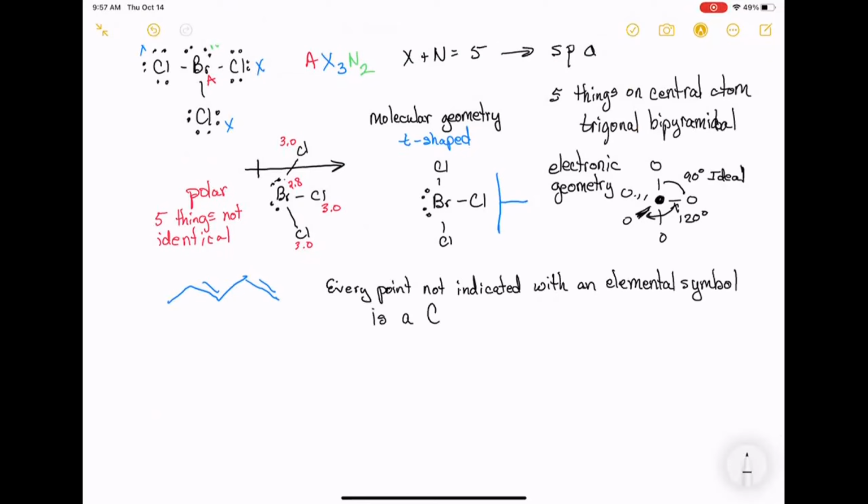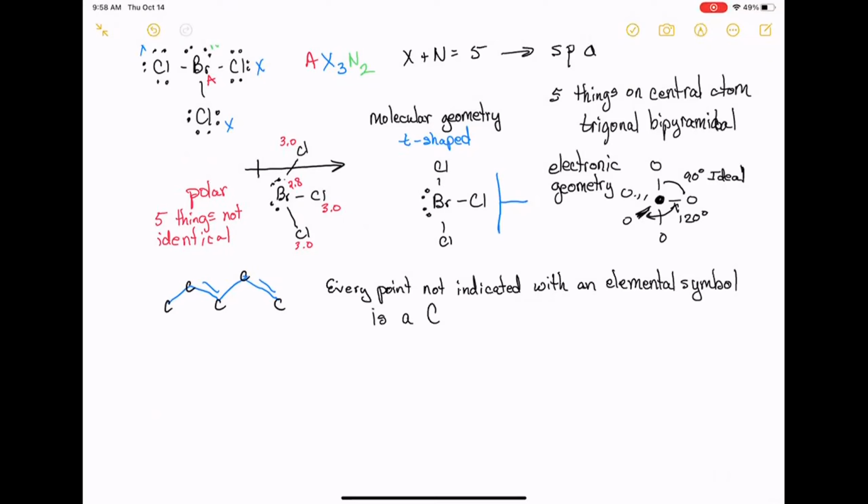So in this structure, this point is a carbon, this point is a carbon, this point's a carbon, that point's a carbon, and that point's a carbon. Every point not indicated with an elemental symbol is going to be a carbon.